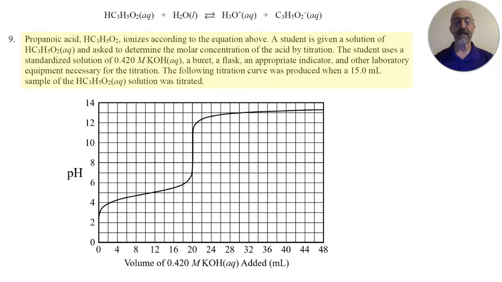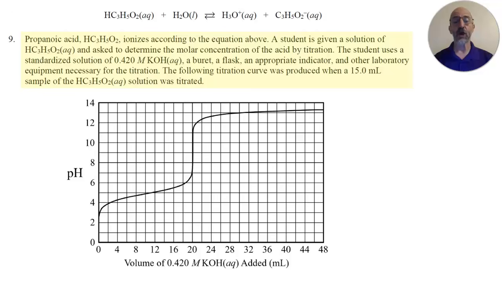The student uses a standardized solution of 0.420 molar potassium hydroxide, a burette, a flask, an appropriate indicator, and other laboratory equipment necessary for the titration. And the following titration curve was produced when a 15.0 milliliter sample of the propanoic acid solution was titrated.